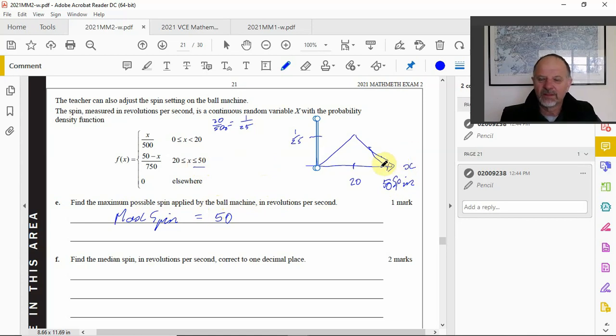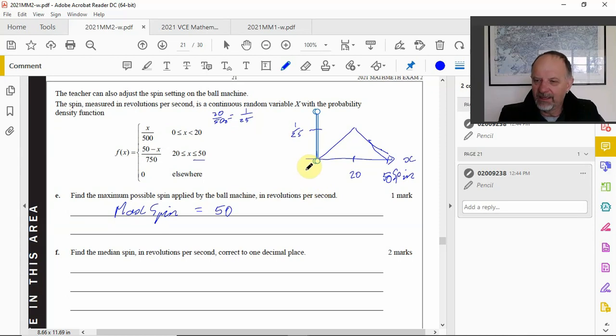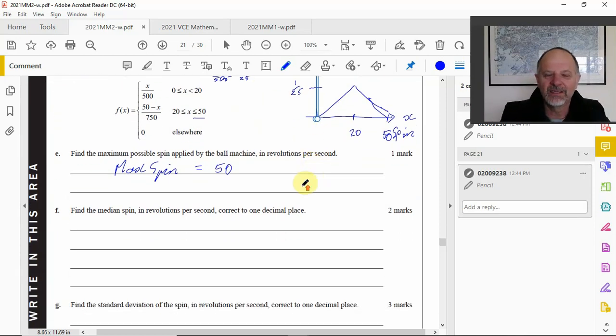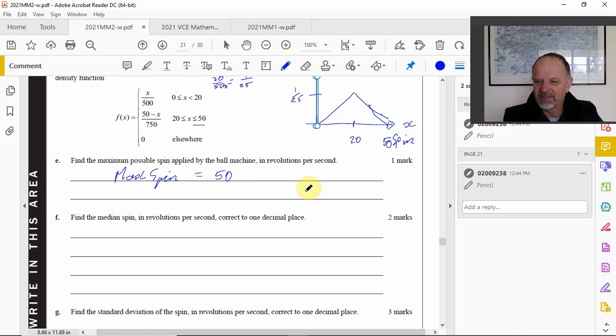So the median is like the middle, up to 50%. Now, if we, for example, find out this first part up here, because the median is like to 50% or 0.5.